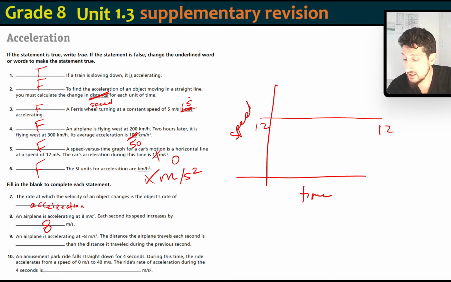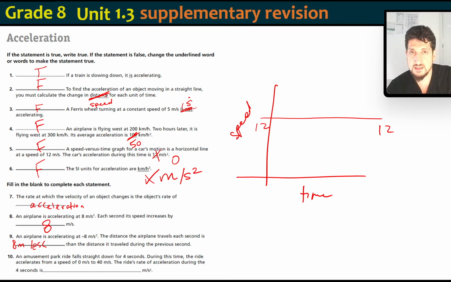Number 9, an airplane is accelerating at negative 8 meters per second squared. The distance the airplane travels each second is what compared to the distance it travels during the previous second? So once again, it's going to be 8 meters less than the distance it traveled during the previous second. Because every second it's going 8 meters less.